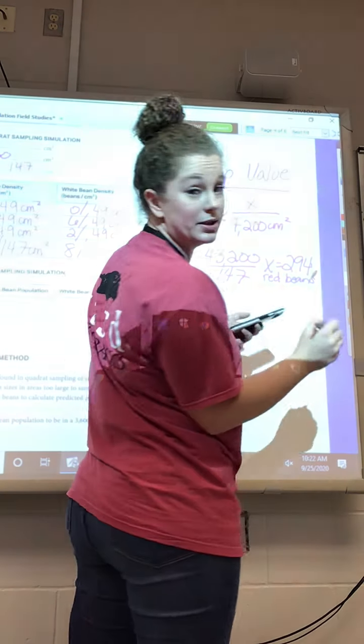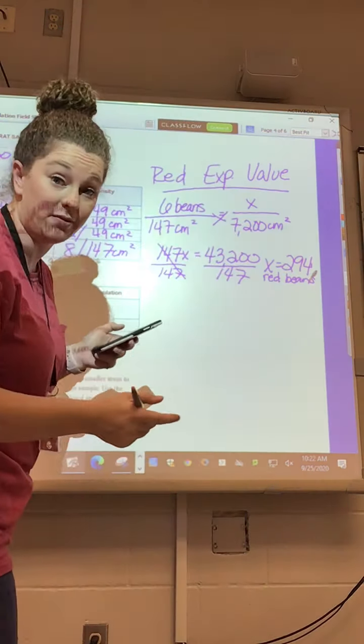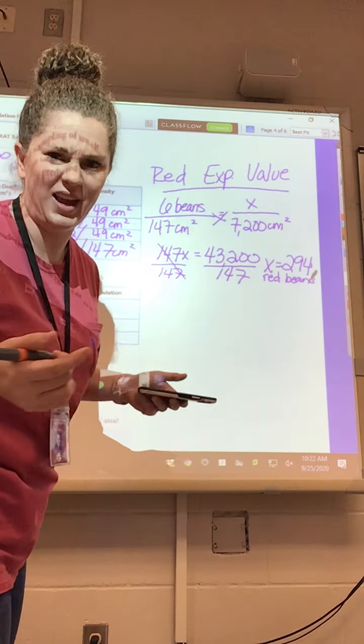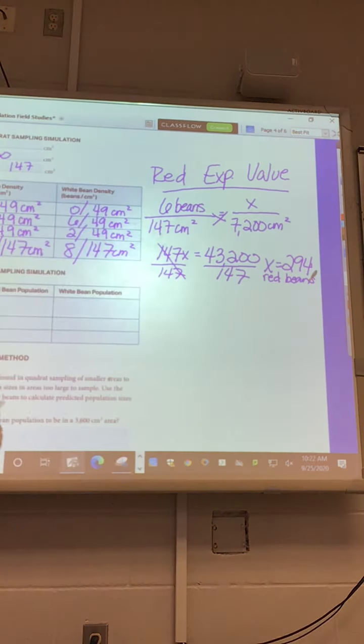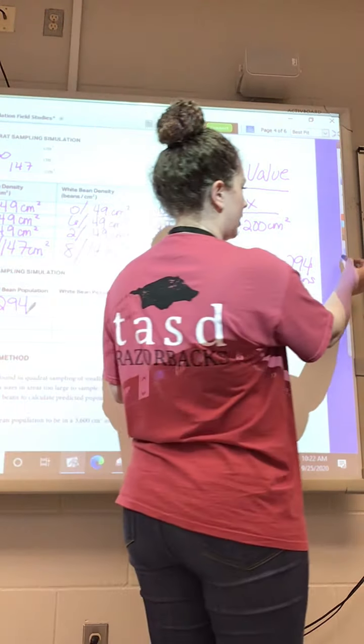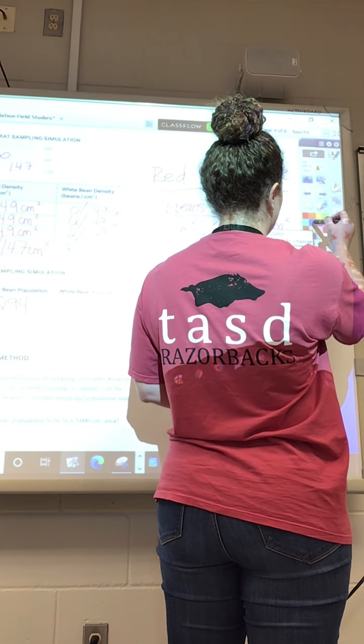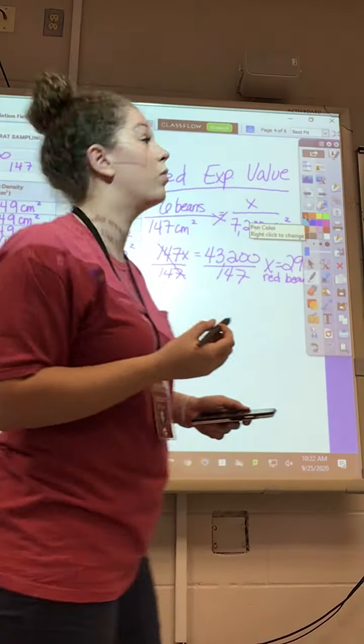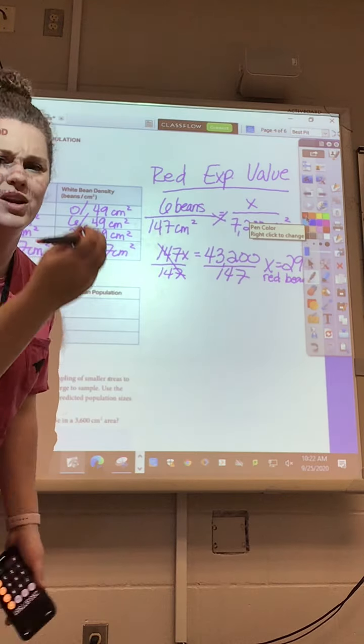Round up to the nearest whole number, because we're not going to have half a bean, just like you wouldn't have half a cow or half a deer. So 294. Now I'm going to switch colors for you. No, let's do red for the white bean. Well, that would have made sense if I had written in red.